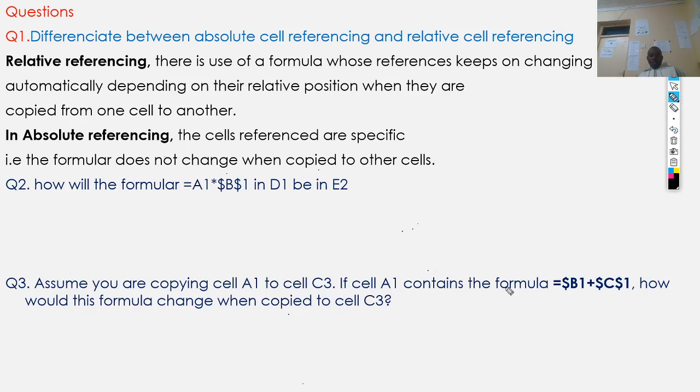If cell A1 contains the formula equals to $B1 plus $C$1, how would this formula change when copied to cell C3?